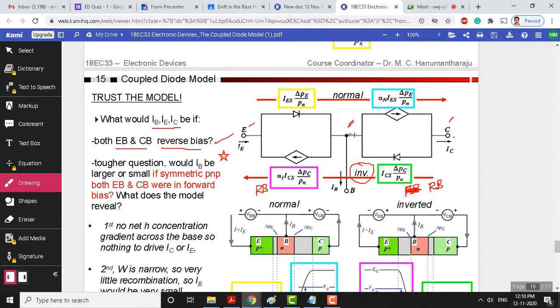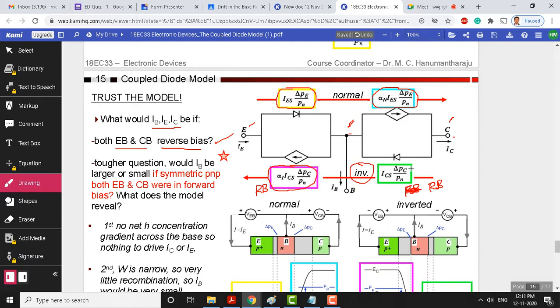The condition here is that both junctions are reverse biased. Just look at these equations here, which I will highlight in yellow. Observe these equations, and think about what kind of solution this model gives you when both junctions are reverse biased.